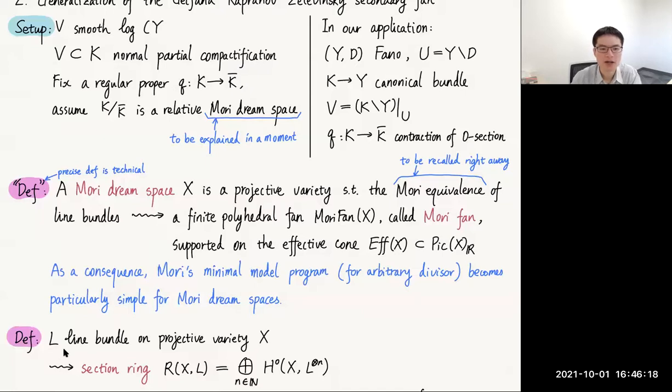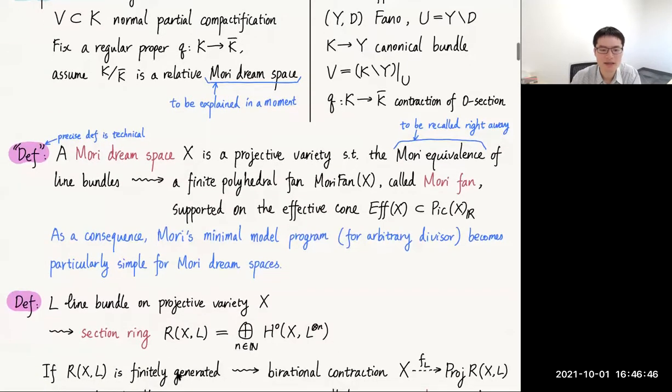When we have any line bundle L on the projective variety X, we can consider its section ring R(X, L), which is just the direct sum of all sections of powers of the line bundle L. And in the case where this section ring is finitely generated, we obtain a birational contraction from the projective variety X to the Proj of this section ring.